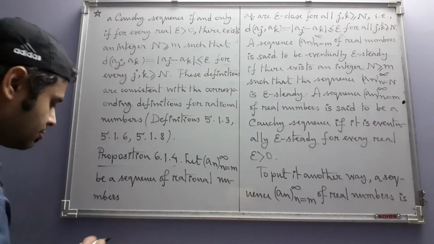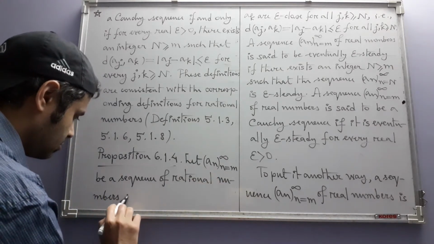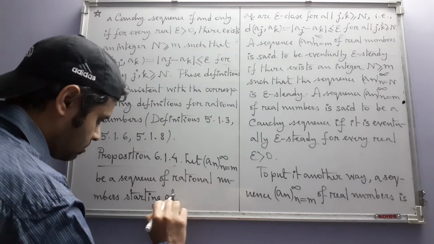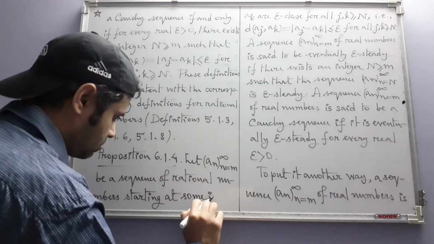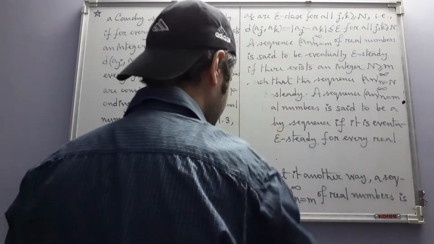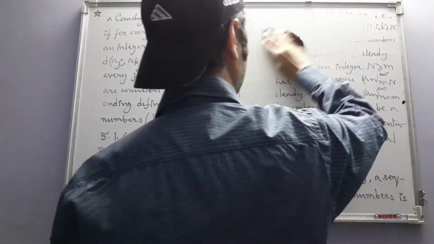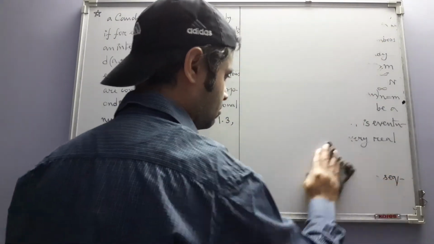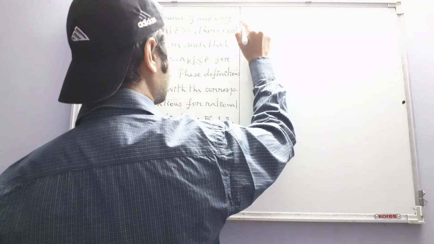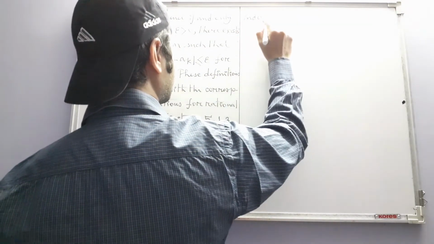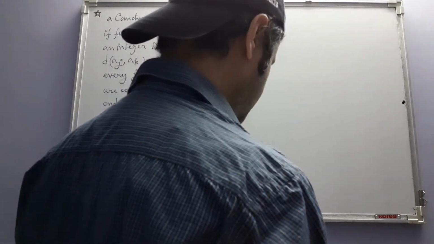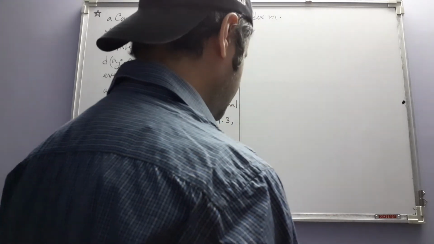Okay, that is understood, no? Then this is a Cauchy sequence in the sense of definition 5.18.